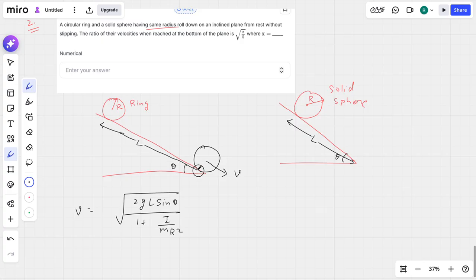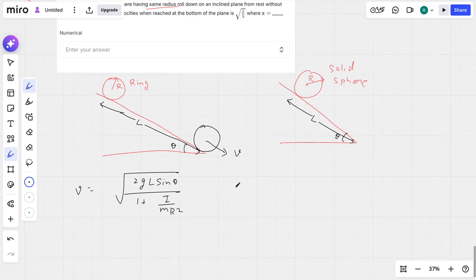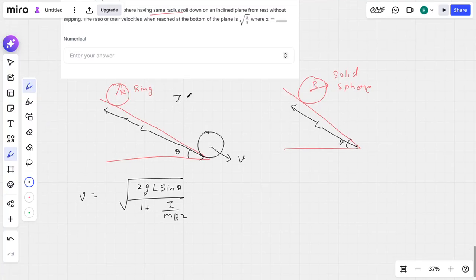What is not the same here is their moment of inertia. We have to understand that for a ring the moment of inertia is mr square, and for a solid sphere the moment of inertia is 2 by 5 mr square.